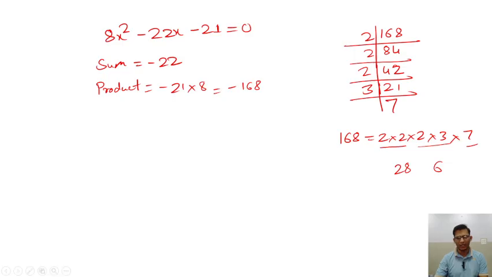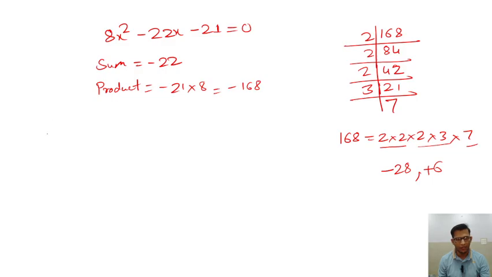I have to get this sum as minus 22. So the bigger number must be negative, that is minus 28, and the smaller number must be positive.